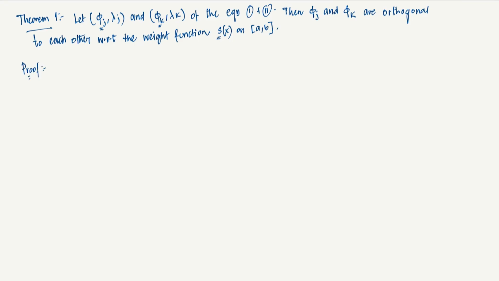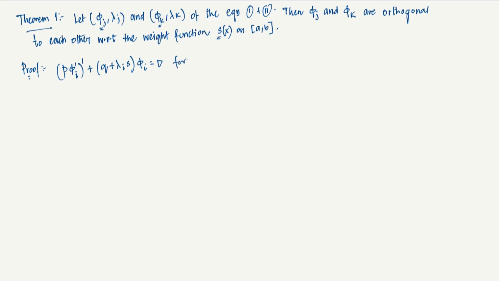If they both satisfy the equation, then you have phi I prime, whole prime, plus q plus lambda I s, times phi I, equals 0.